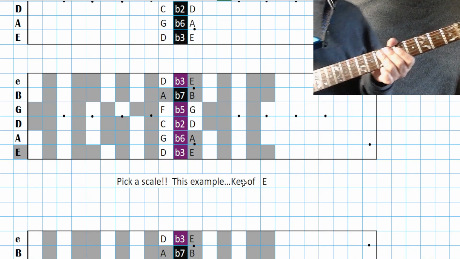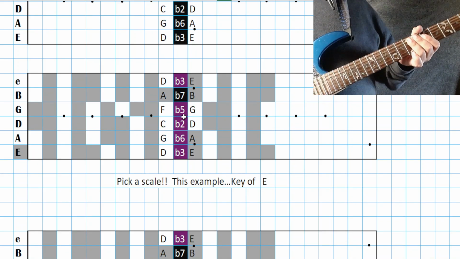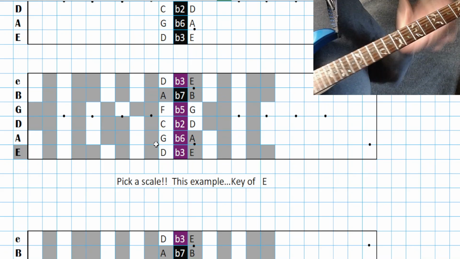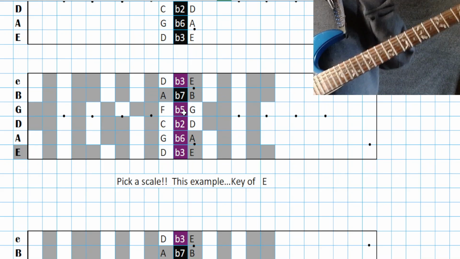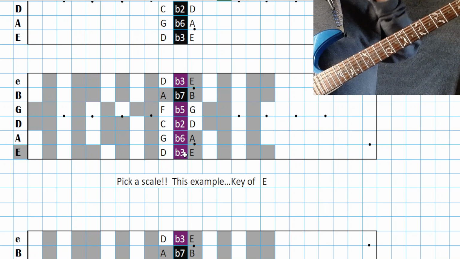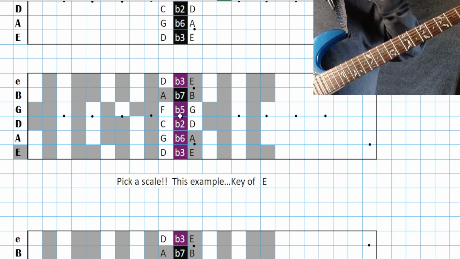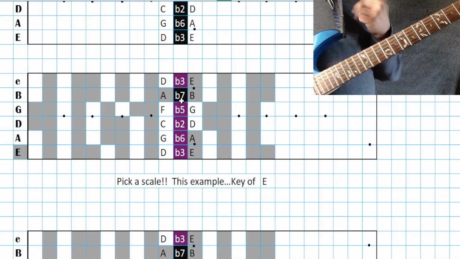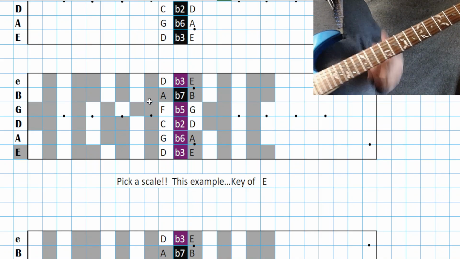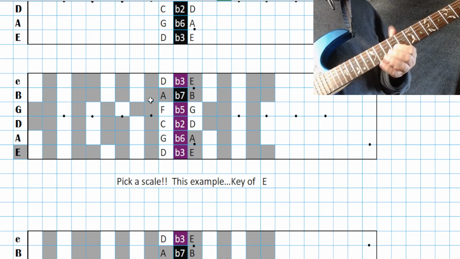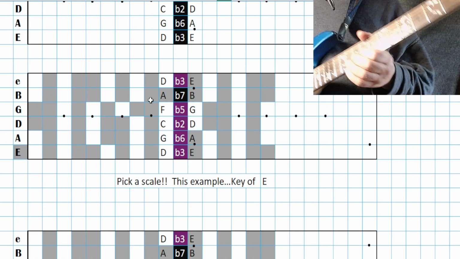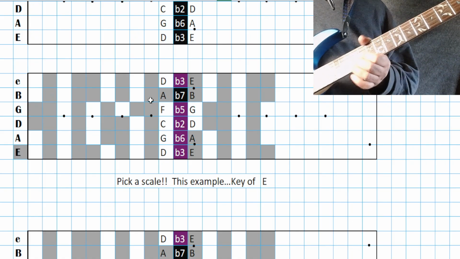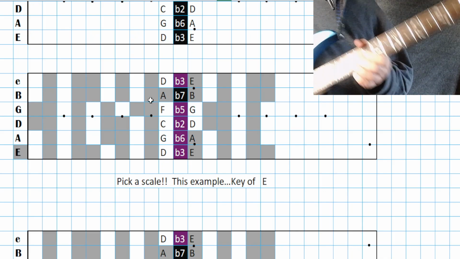So we should see the 4 black keys in purple here, where the gray scale overlaps. The gray scale is the key of E. Where it overlapped is the purple notes. That black key was not played. You can see it's the A flat or G sharp, A, B, and that is not played.